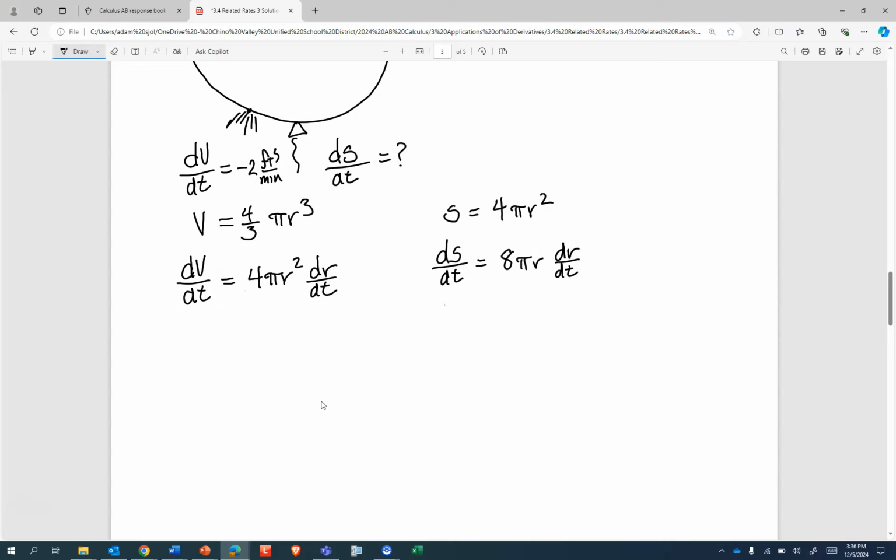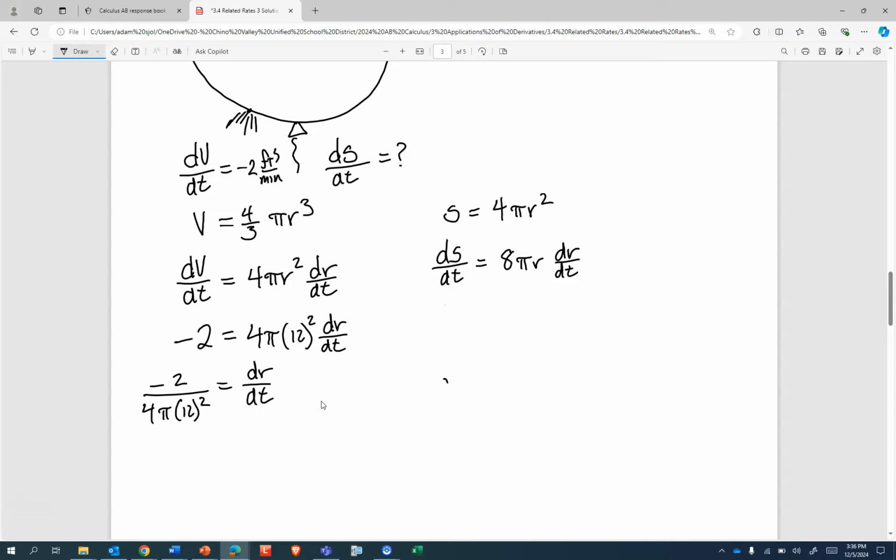We'll fill in dV/dt as -2, and we're going to do 4 pi times 12 squared is dr/dt. And then, maybe I'll rearrange. Okay, so dr/dt is equal to -2 over 4 pi times 12 squared.